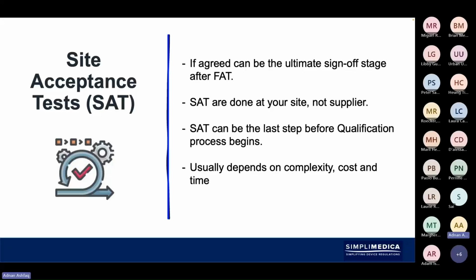So you might have 50% upfront, 20% upon factory acceptance, and the remaining 30% could be at site acceptance, because like I said, the site acceptance is the last step, and usually you would be expected to pay the full amount by that point, because now this is the point where we're about to enter into the qualification stages.